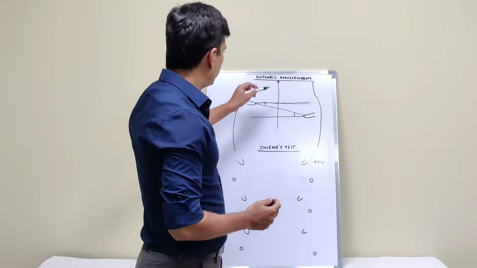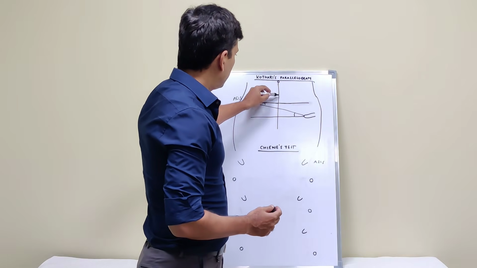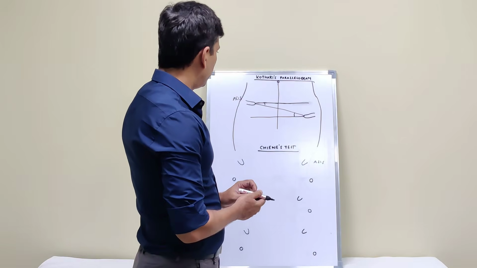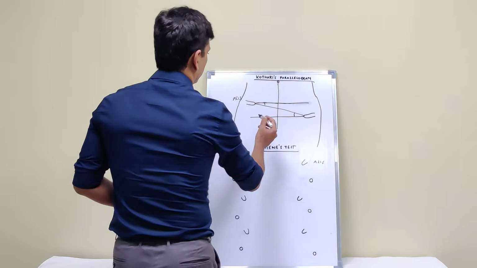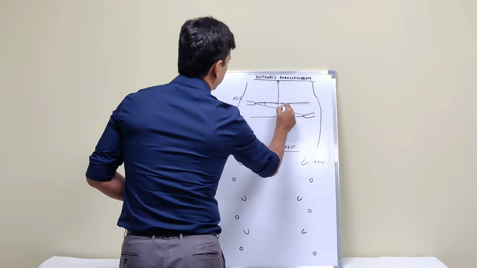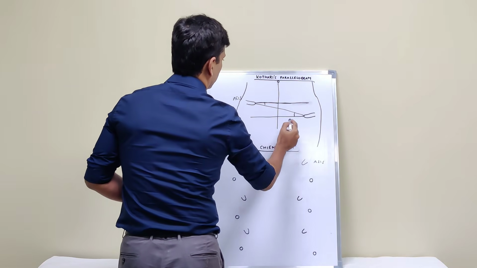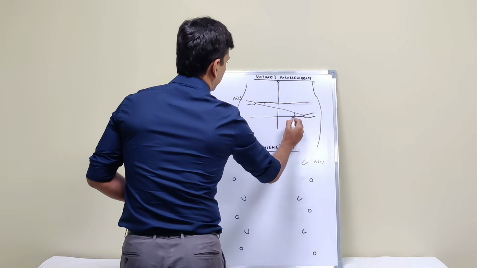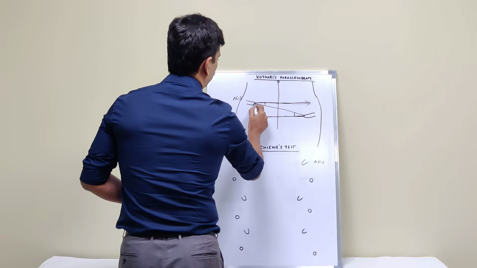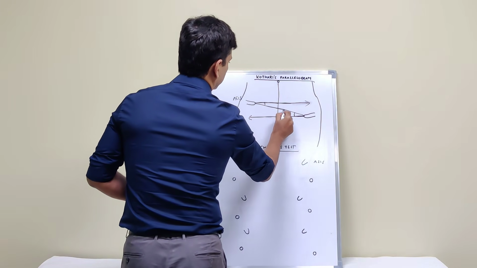So what you need to do is draw a midline going through the umbilicus, and then draw a line from the ASIS at 90 degrees to this vertical line, and similarly here 90 degrees to this line. And then you draw a cross line across the ASIS.